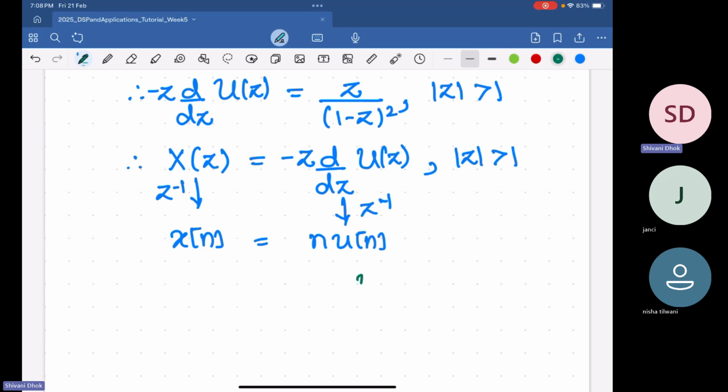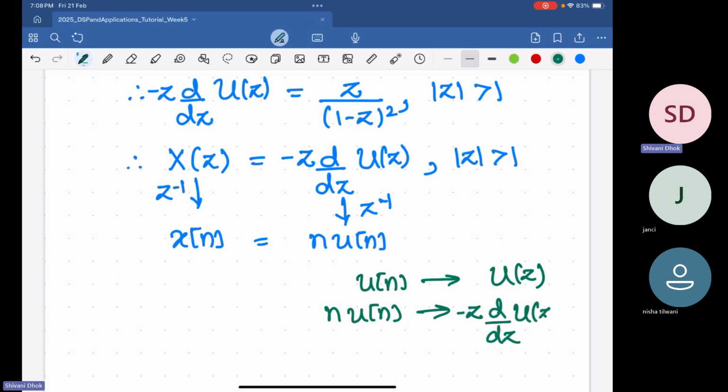Because u[n] has the z-transform U(z), then n into u[n] will have a z-transform of minus z d/dz of U(z). So using this property, my x[n] comes out to be equal to n into u[n]. Is it clear? Any questions?